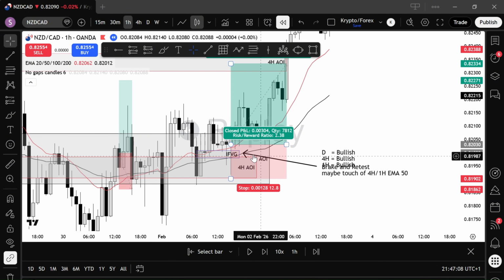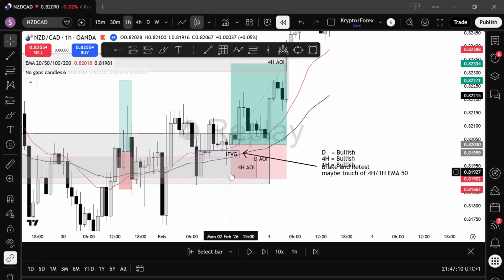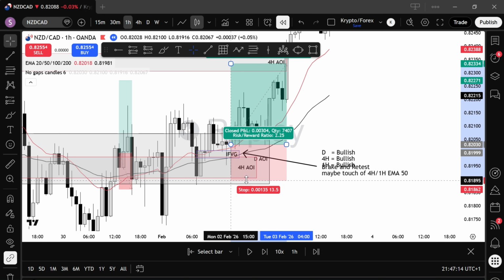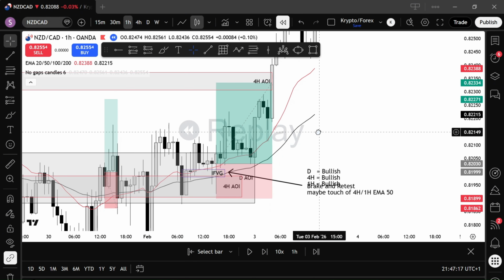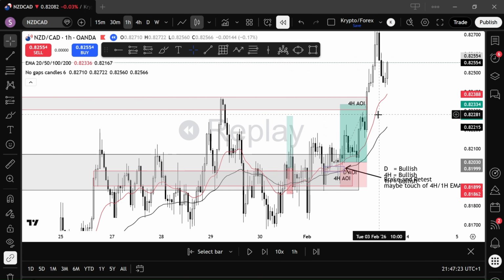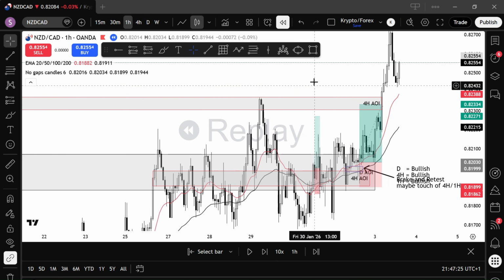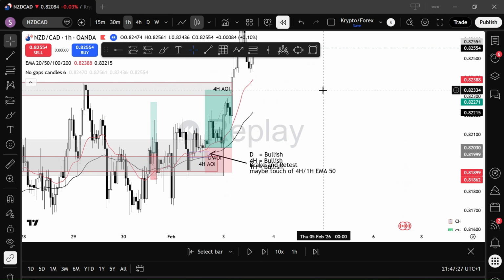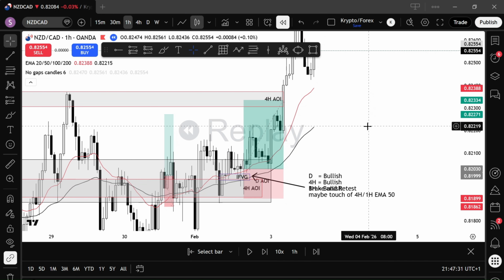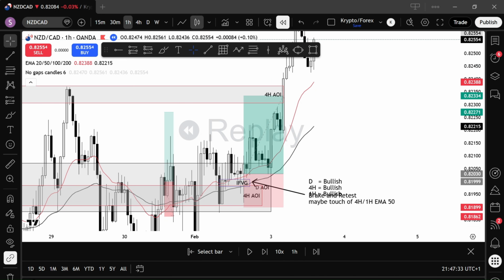I entered. As you can see, we came back a little bit, but I had my stop loss under the 4-hour area of interest, and it eventually hit TP at our area of interest that we could have rejected off. So that was one win trade that we took last week.